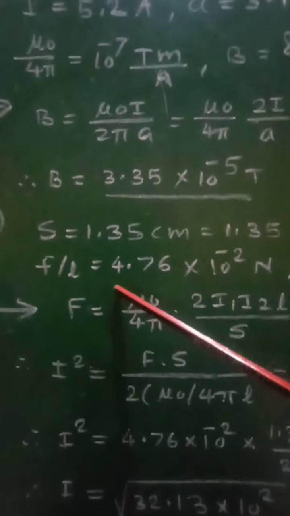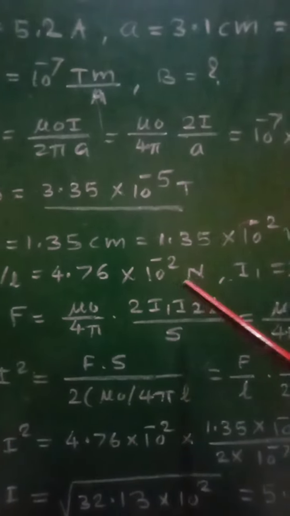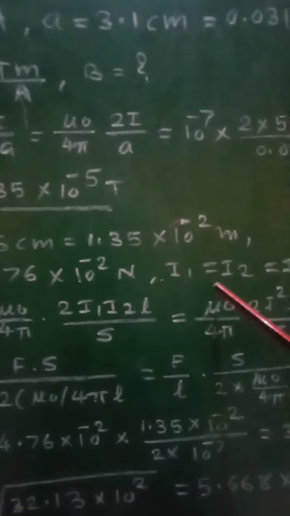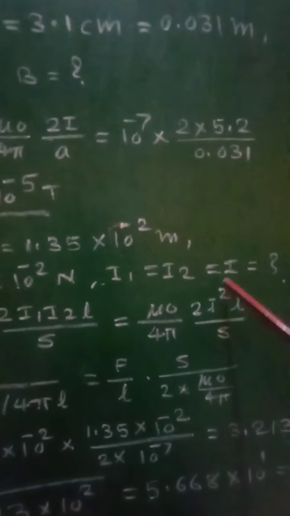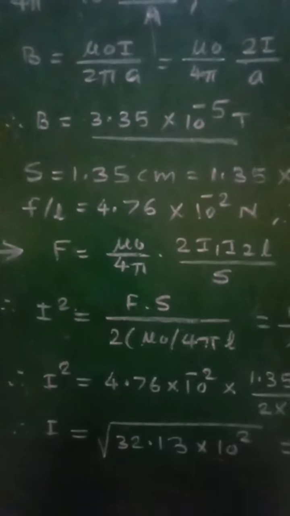Then force per unit length is given as 4.76 into 10 raised to minus 2 Newton. And in this case, I1 equals I2 equals I, which we have to calculate.